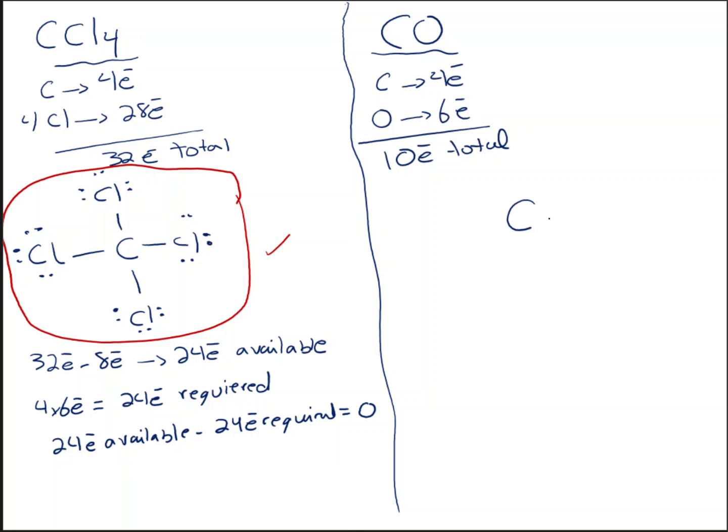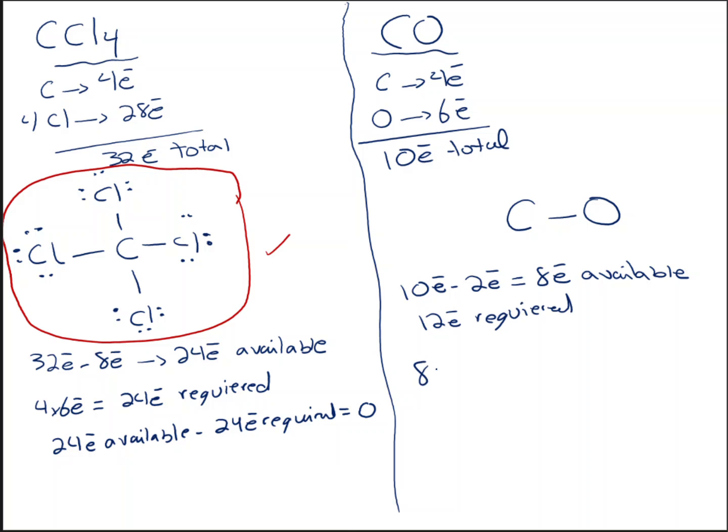Now we create the simple skeleton between carbon and oxygen, and by doing that I'm using 2 electrons. So now I only have 8 electrons available. Now, in order to make carbon octet and oxygen octet, I need 12 electrons, because carbon needs 6 electrons, and oxygen needs 6 electrons too.